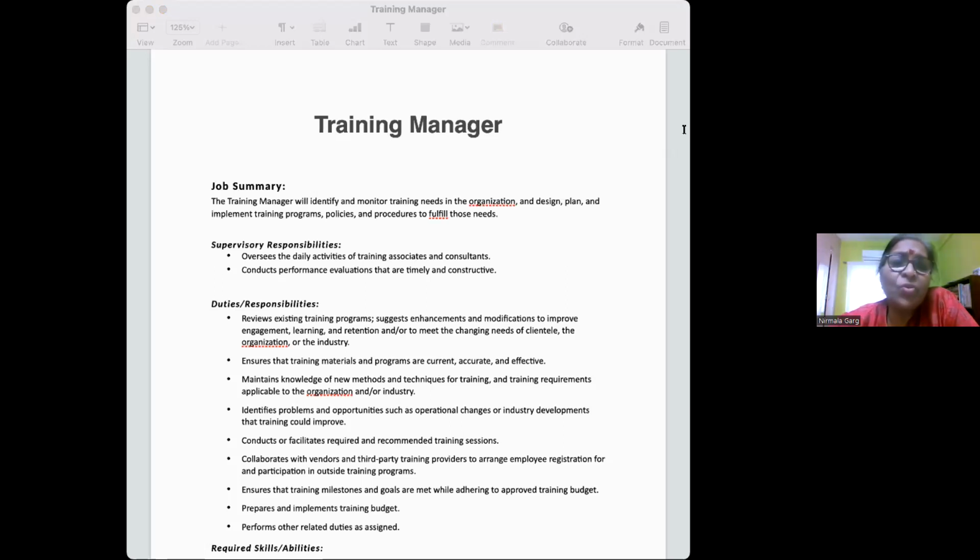I can just give you one lead, guys. If you just see the summary itself, one is identification of training needs, TNI. Okay, that is one job element. You will have to look through what things he does for identification of training needs, and then what kind of knowledge and skill is required. Then second is monitoring training needs.